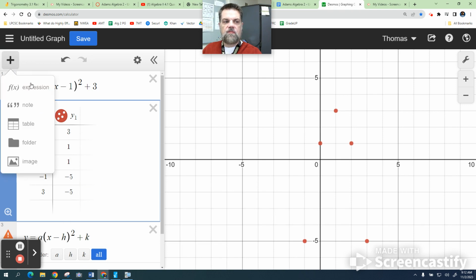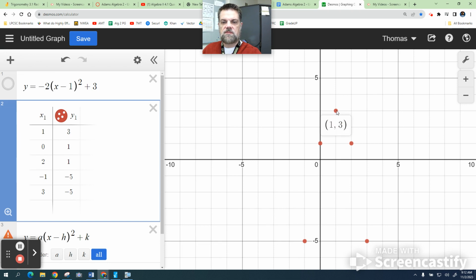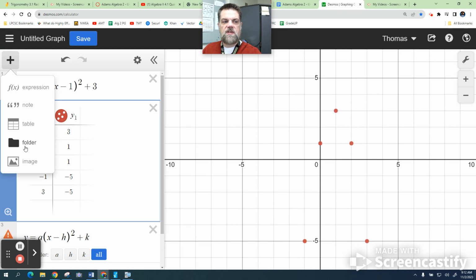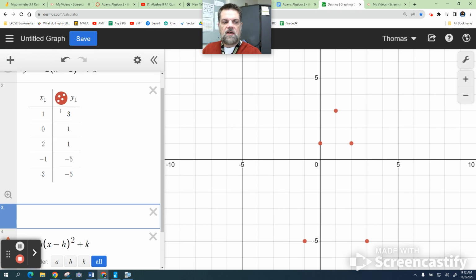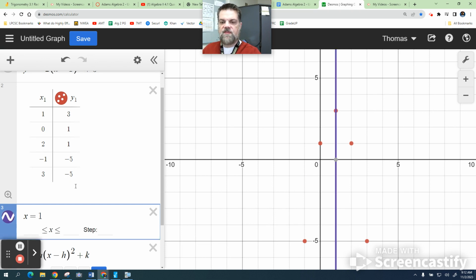So then remember I was talking about this, what's the x value of this point here? 1. So the line of symmetry is always going to be x equals 1. The x value of the line of symmetry.